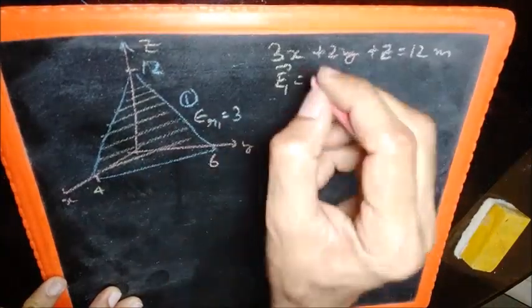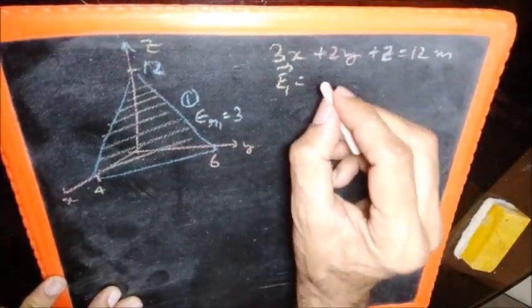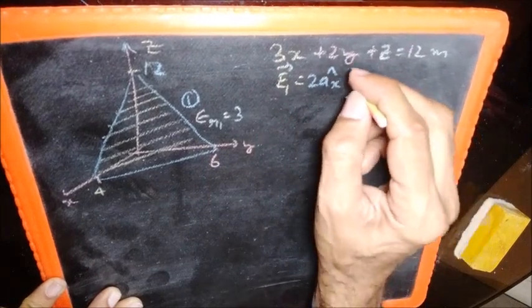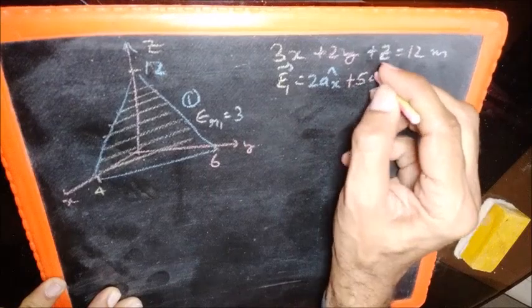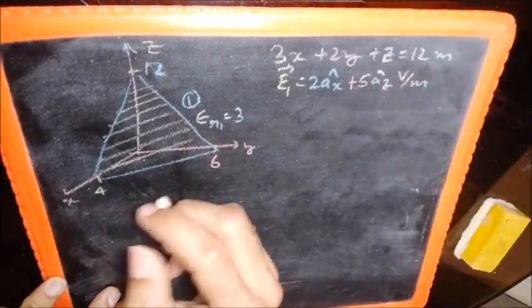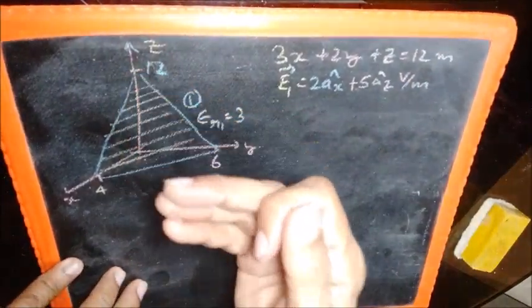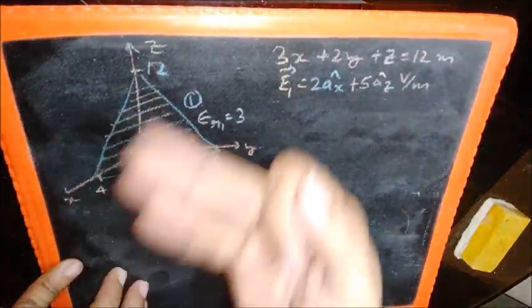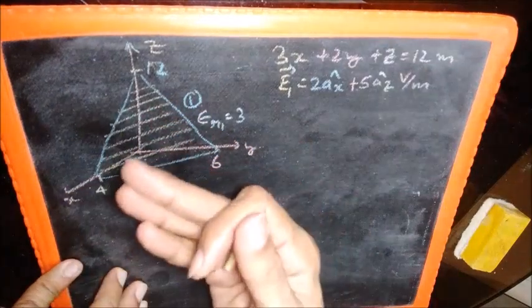The electric field in that region is 2ax cap plus 5az cap volt per meter. You have to find out E2, and this interface is between dielectric and free space. So this side is free space. We have to find out the electric field on this side.